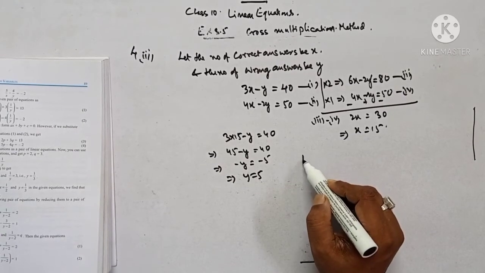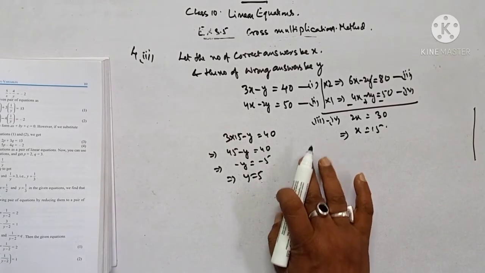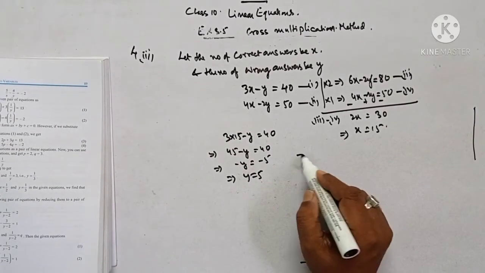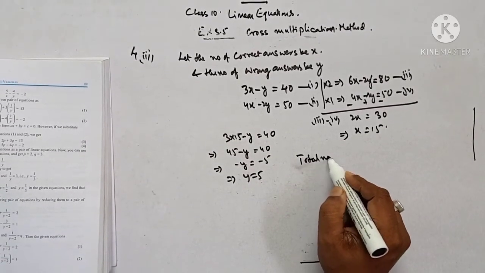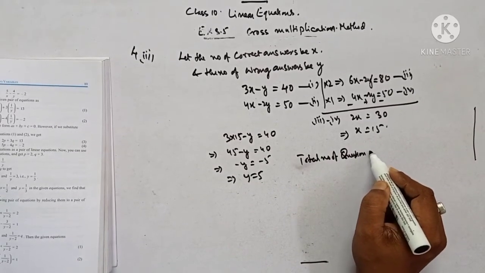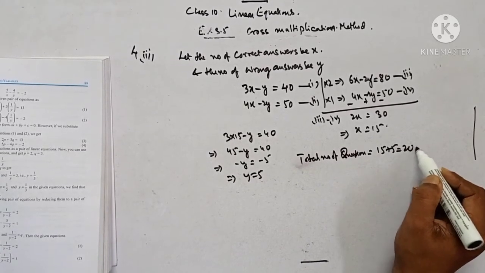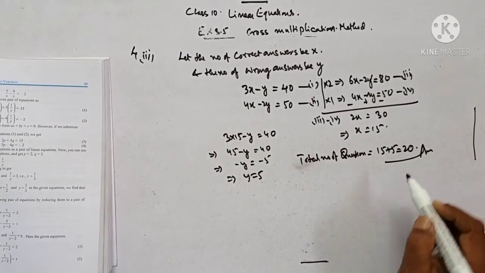Therefore the total number of questions will be equal to 15 plus 5, that is equal to 20. This is your answer.